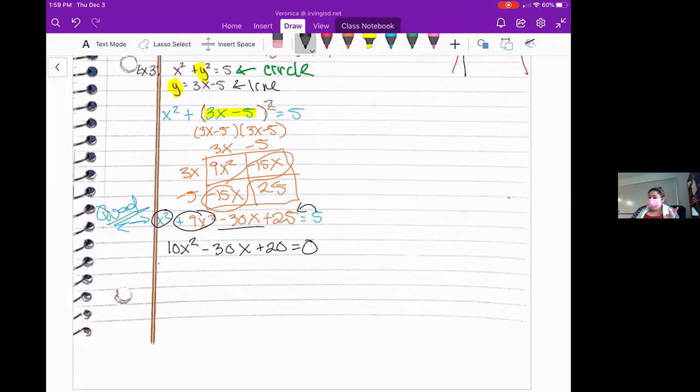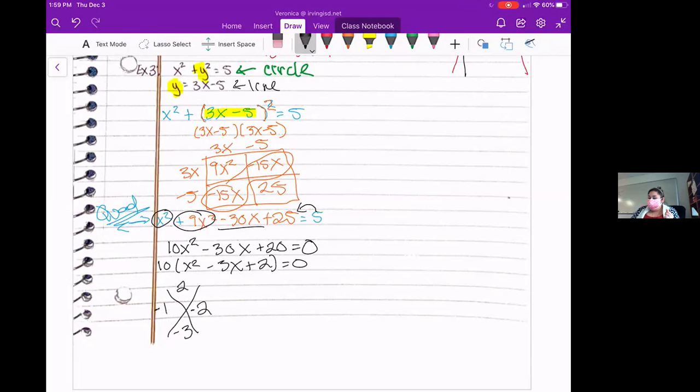So here I notice that I can factor out a 10 out of everything. So I'm just going to go on ahead and take that out. So I have 10 times x squared, 10x squared, 10 times negative 3, negative 30, and 10 times 2 is 20. Okay. So I'm going to go on ahead and do this by factoring. So a times c is 2, and my b goes at the bottom. So we have 1 times 2 is 2.